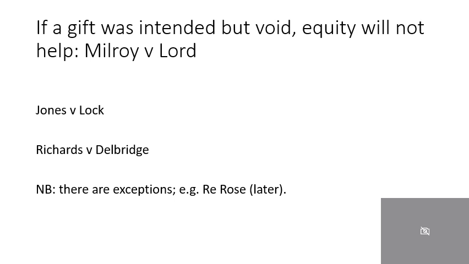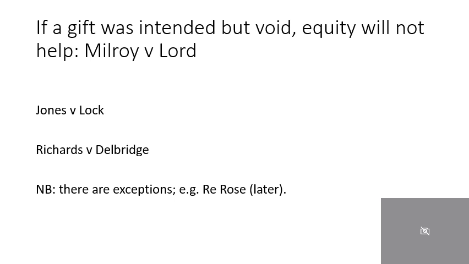Okay? So in this case, what do we know? Milroy and Lord says that equity will not assist a volunteer to perfect an imperfect gift. Why? Because from the facts, it's quite clear that the father intended this to be an outright gift.